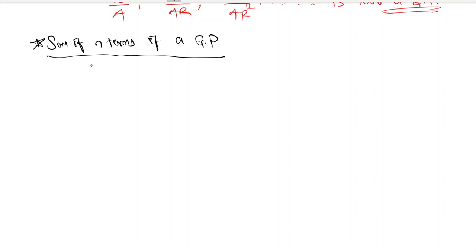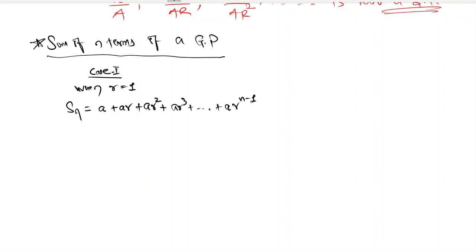If R, or common ratio, is 1, I'm going to take it as case 1, when R is equal to 1. Sum of n terms of a GP will be A plus A into R plus A into R raised to 2 plus A into R cube and so on up to A into R raised to n minus 1.